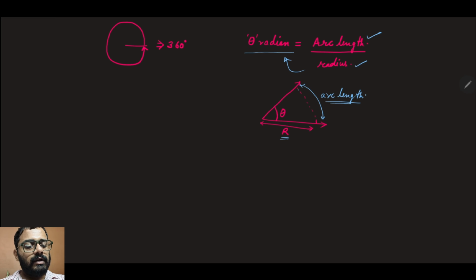For a complete circle, if we try to find the angle in radian, theta in radian will be equal to arc length divided by radius.